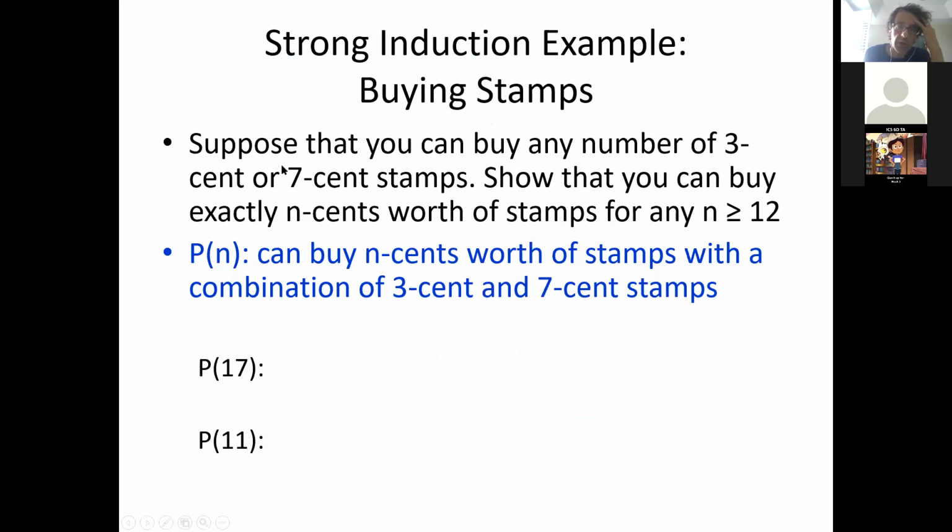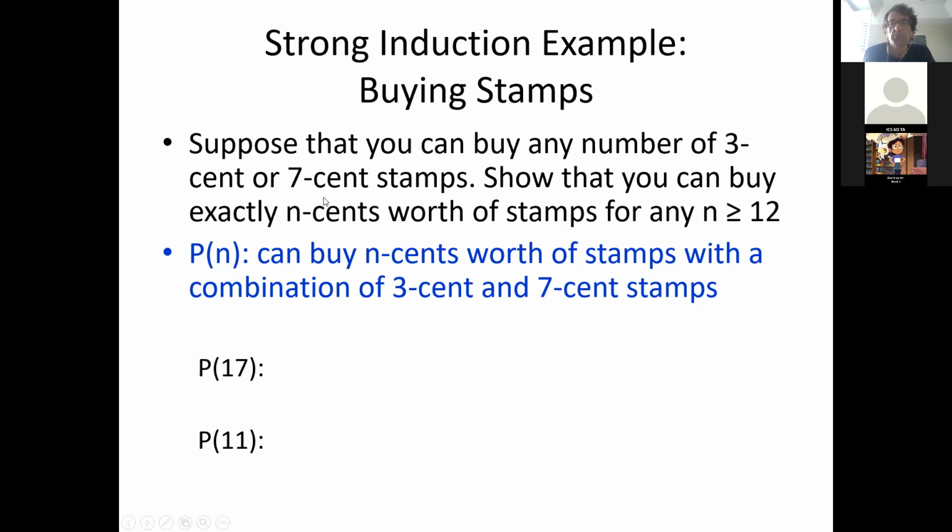So here's an example of the kind of stuff that you can prove with strong induction. My statement is that any value of n cents can be expressed as a bunch of 3 cent and 7 cent stamps. So it would suffice if the post office has only 3 cent stamps and 7 cent stamps.